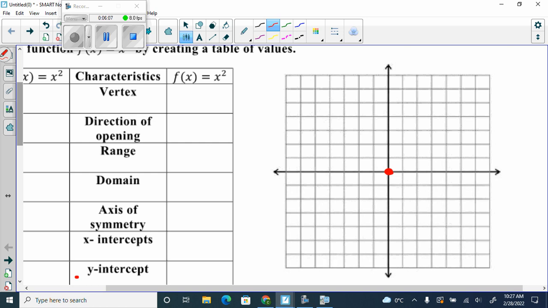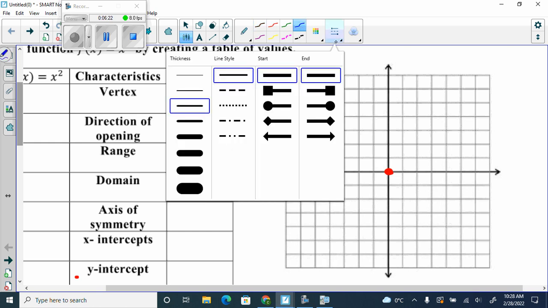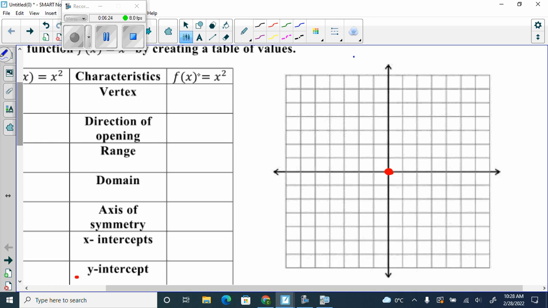Now I also have to decide what my scales are going to be. My x scale and y scale. And what does that mean? It means what each tick is worth. And you did this in science all the time. You have to decide what each tick is worth. You've done it in math before. So I'm going to make my x scale be 1.